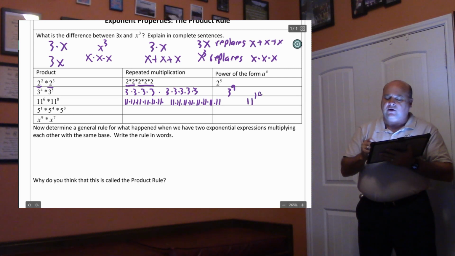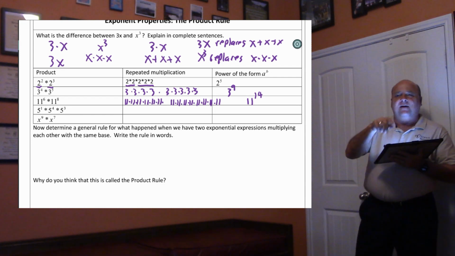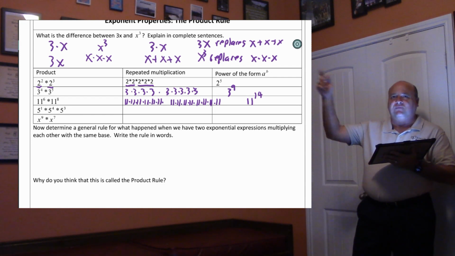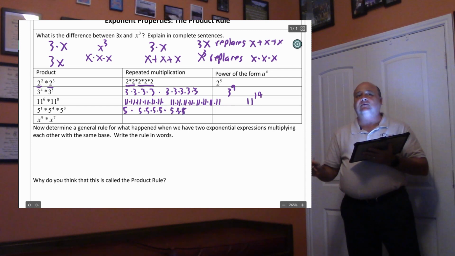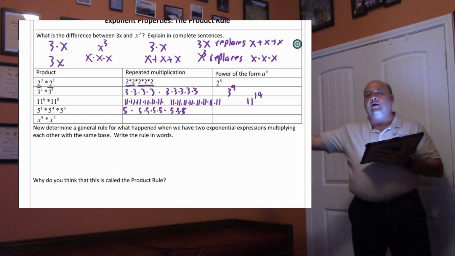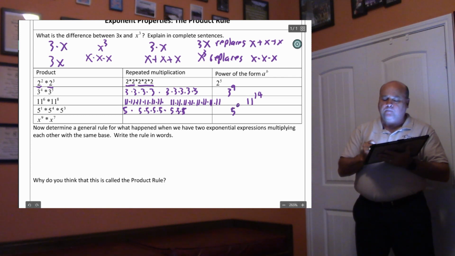That would be 11 to the 14th power. Okay, continuing on. 5 to the 1 times 5 to the 4 times 5 to the 3. I have 1 5, then I have 4 5's, and then I have 3 5's, don't I? Notice I am multiplying all these 5's up. How many 5's can I count up? 1, 4, and 3, they count up to 8, don't they?